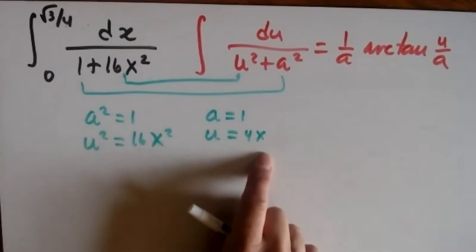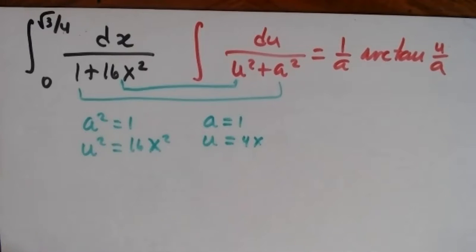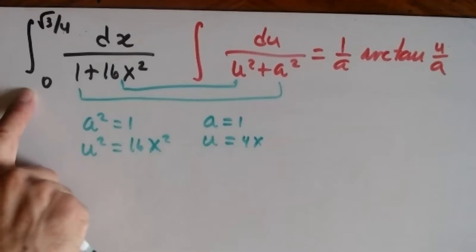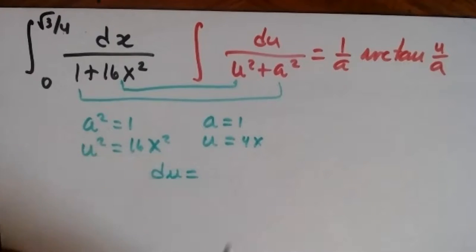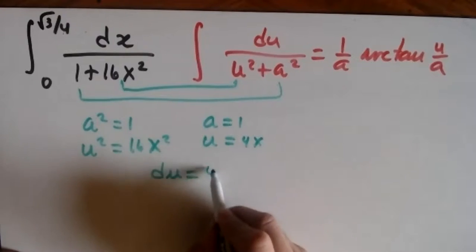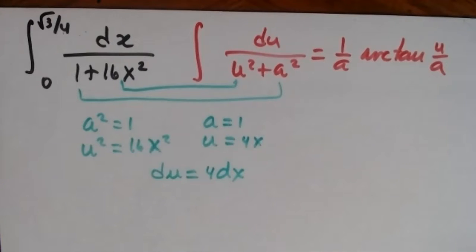I'm going to take the positive only, not the negative. I know that this is plus or minus, but I'm going to take the positive because these values are positive. Okie dokie, with this one, du equals the derivative of 4x, which is 4 times dx.